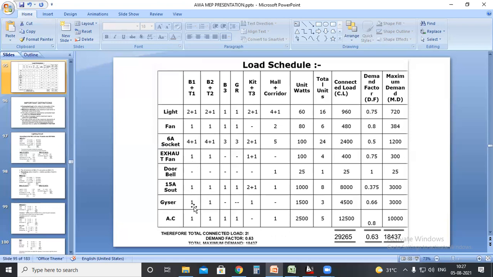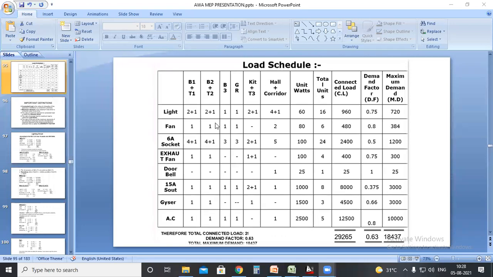We have one AC, one geyser, and 1 15 ampere socket. For a geyser and AC, anyway, you have to take separate circuits. So how many will we have in bedroom 1 plus toilet 1? 3. Yes, correct. 3 numbers.